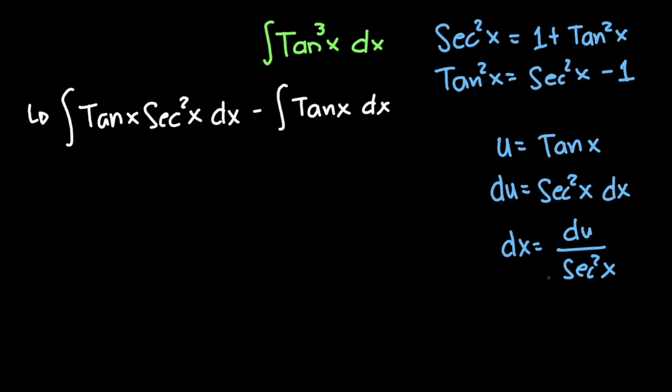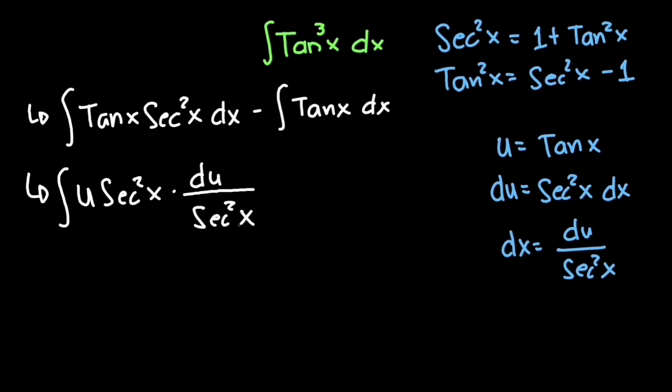And so, substituting these values for this first integral, you would have the integral of u multiplied by secant squared of x multiplied by the value of dx, which is du over secant squared of x.